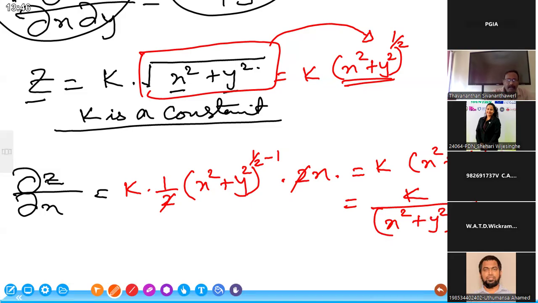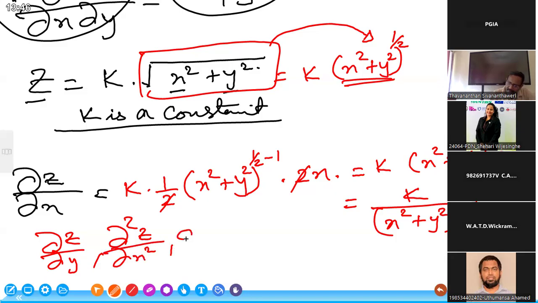Yes. As a homework, find out the rest. Daba z by daba y. Then daba square z by daba x square. Daba square z by daba y square. Daba square z by daba x daba y.